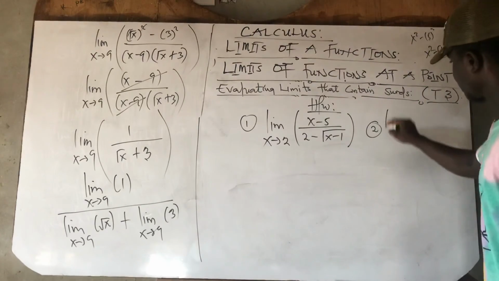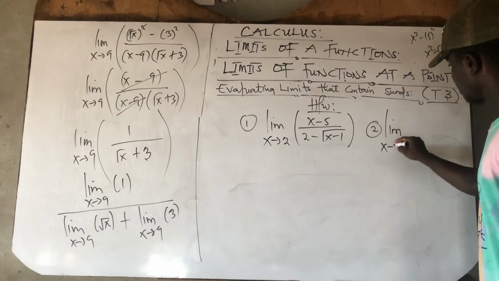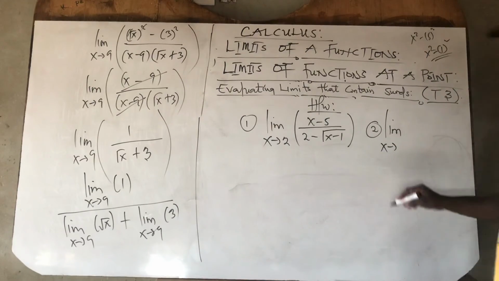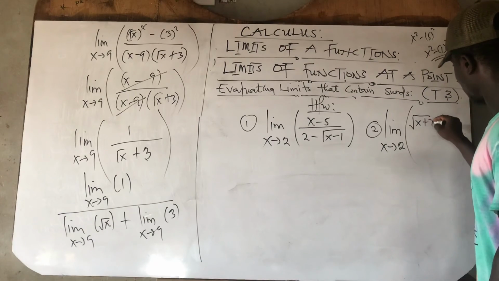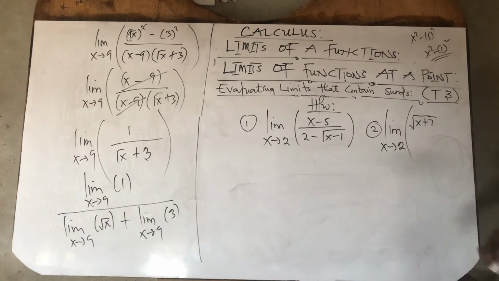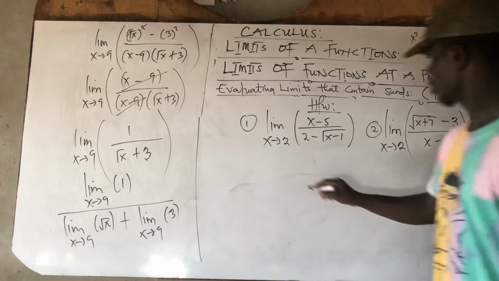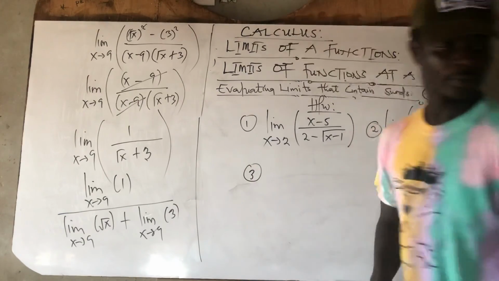2. The limit as x approaches 2 of square root of x plus 7 minus 3 all on x minus 2. Then 3.